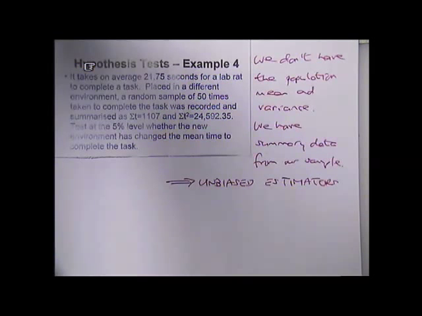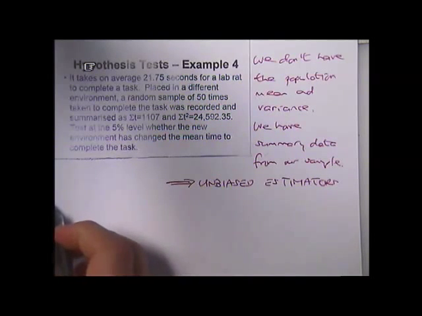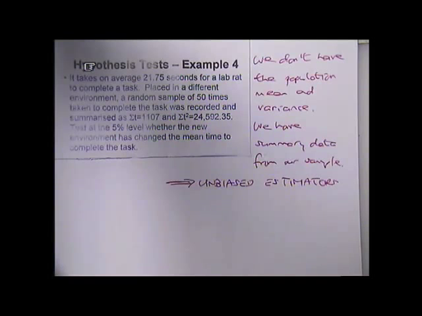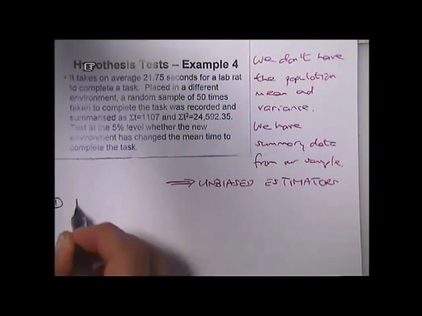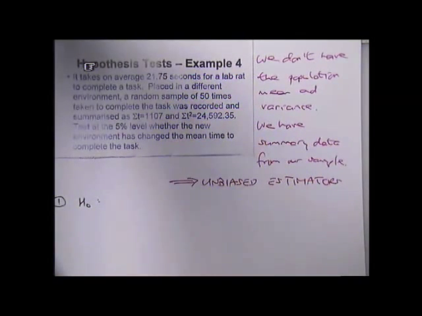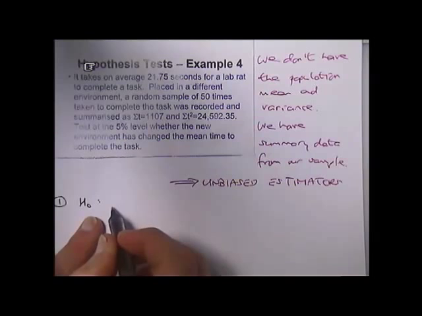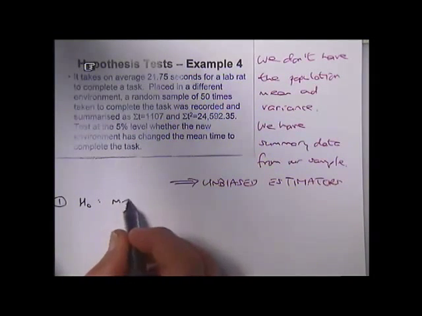Let's go back to the beginning first of all, and we'll work those things out as we need to. So, step one was come up with your hypotheses. Step one, null hypothesis. Well, let's look at the question. It says, test at the 5% level whether the new environment has changed the mean time. So, the null hypothesis is the mean has not changed.